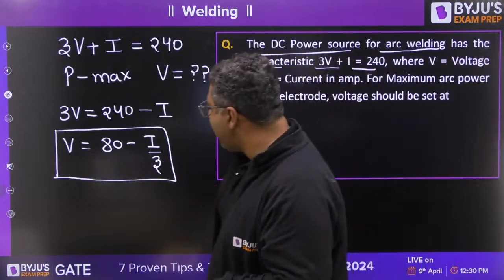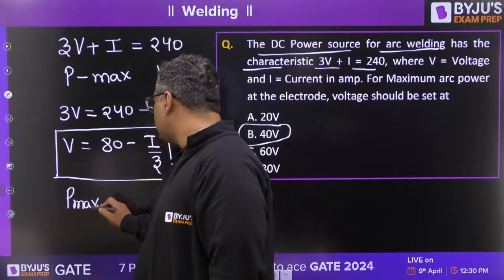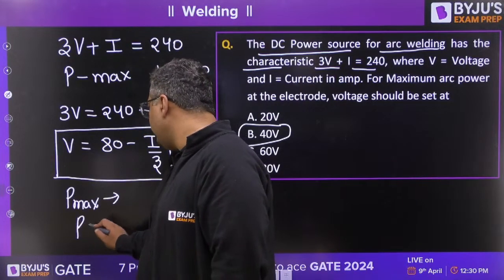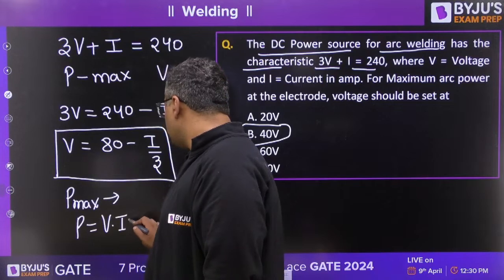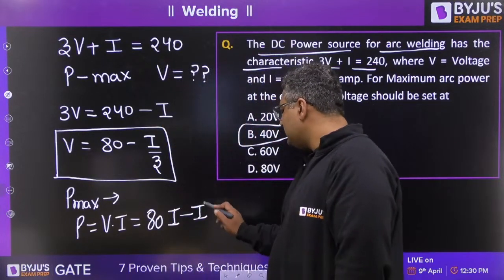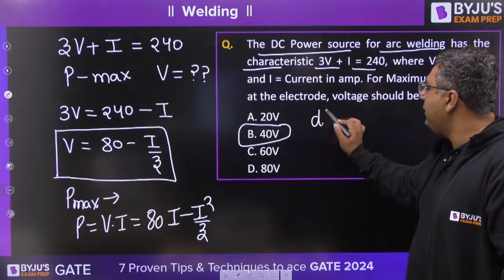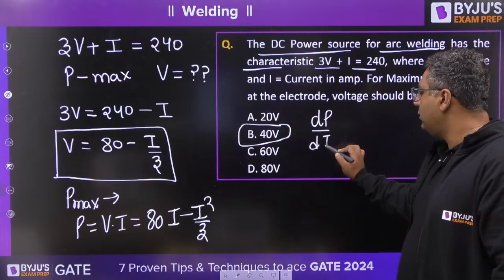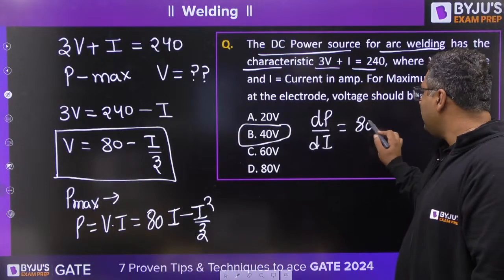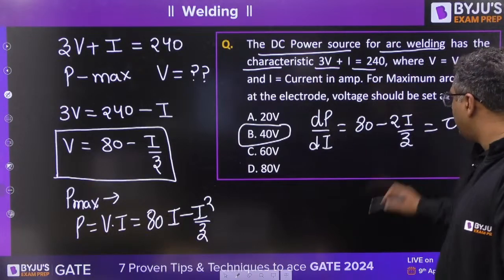When you go for maximum power, first of all, power is V into I. So you will say 80I minus I square by 3. When you go for dP by dI, as usual, 80 minus 2I by 3 is equal to 0.